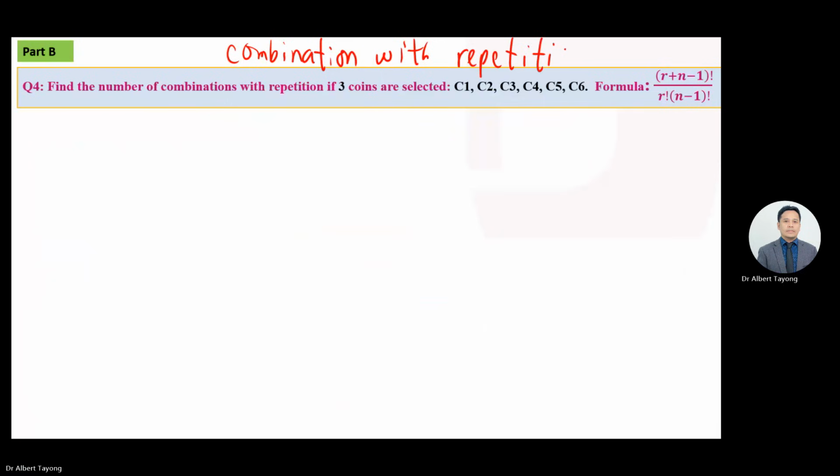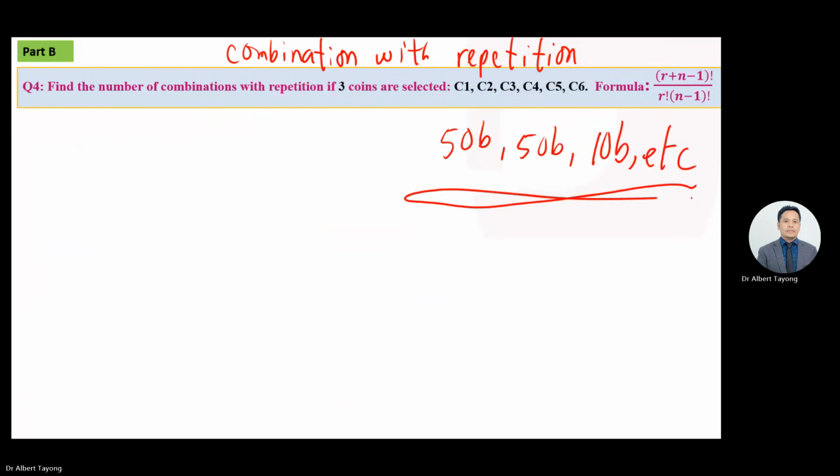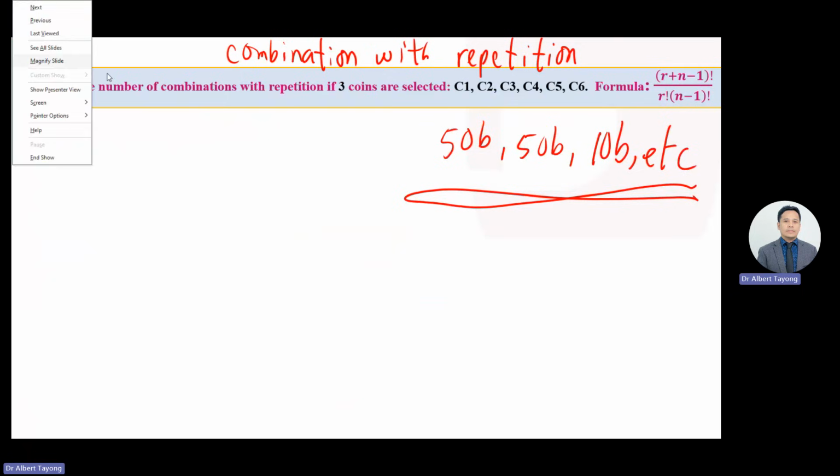Because one type of coin can be repeated. For example, 50 paisa can be repeated. In your purse or in your wallet, where you put your coins, coins can be repeated and we don't care about the order.